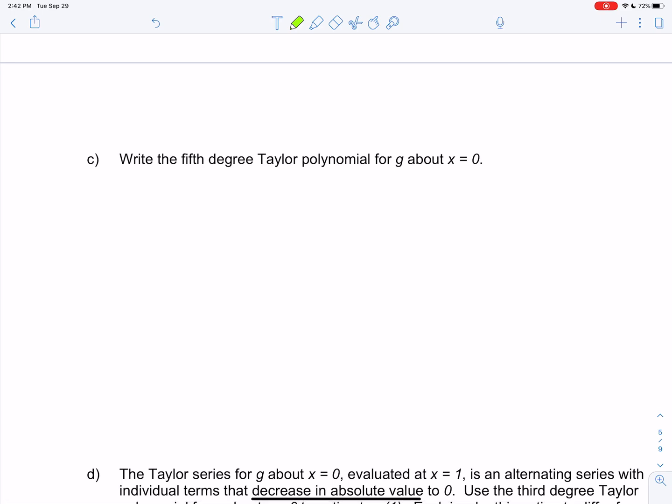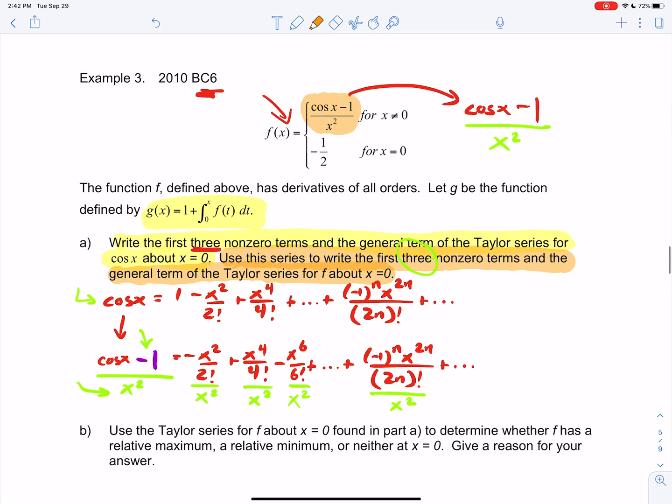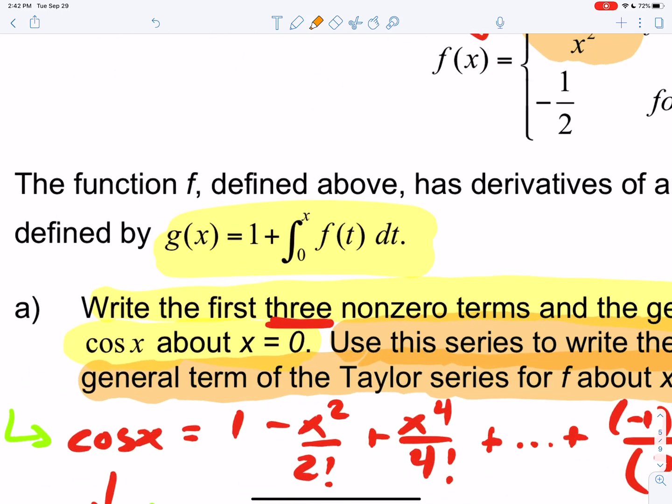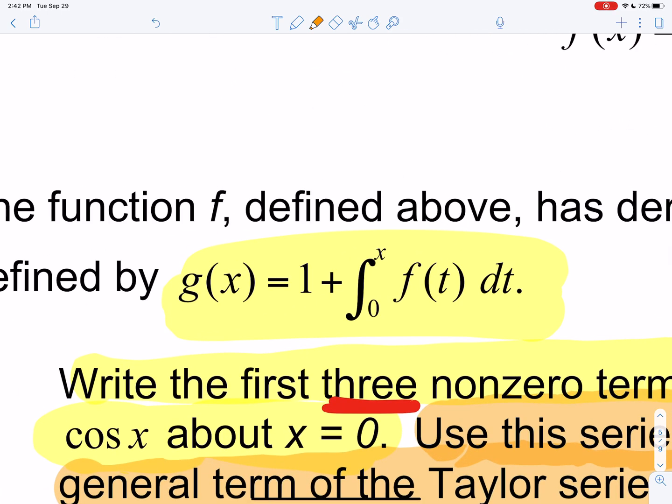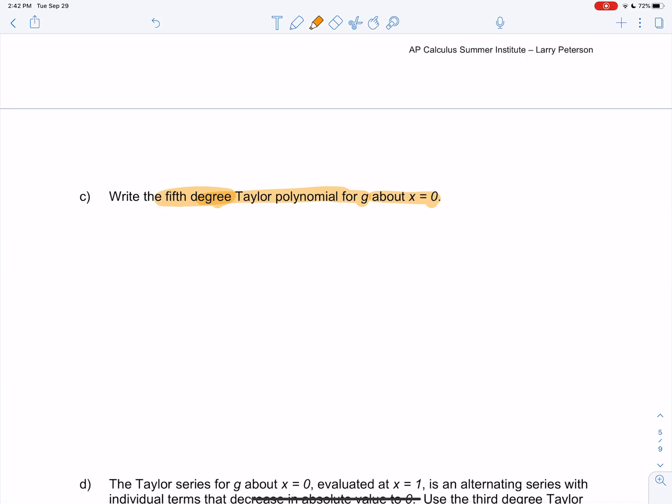Here's part C, okay? We want to write the fifth degree Taylor polynomial for G about x equals 0. So if you guys remember at the very beginning, G is this function right here, 1 plus the integral of f. I'm going to go ahead and write that. So I know that G of x is 1 plus the integral of f of t dt from, I think, 0 to x.